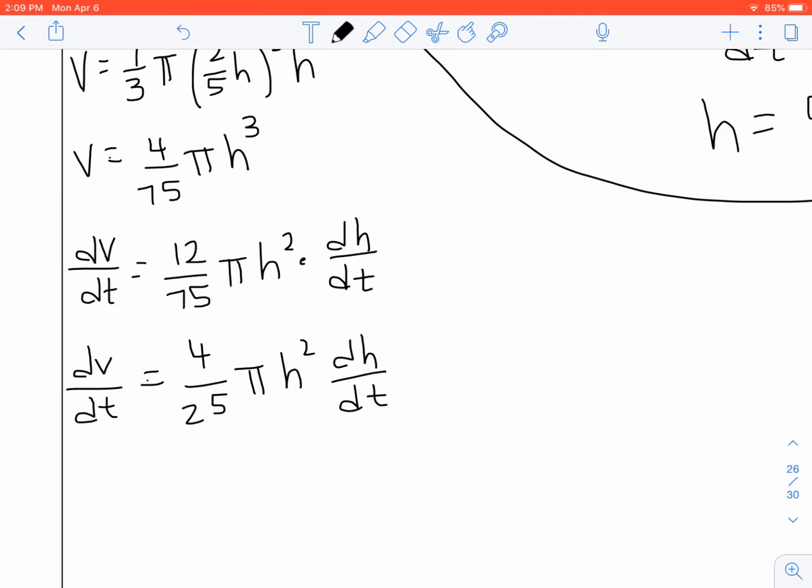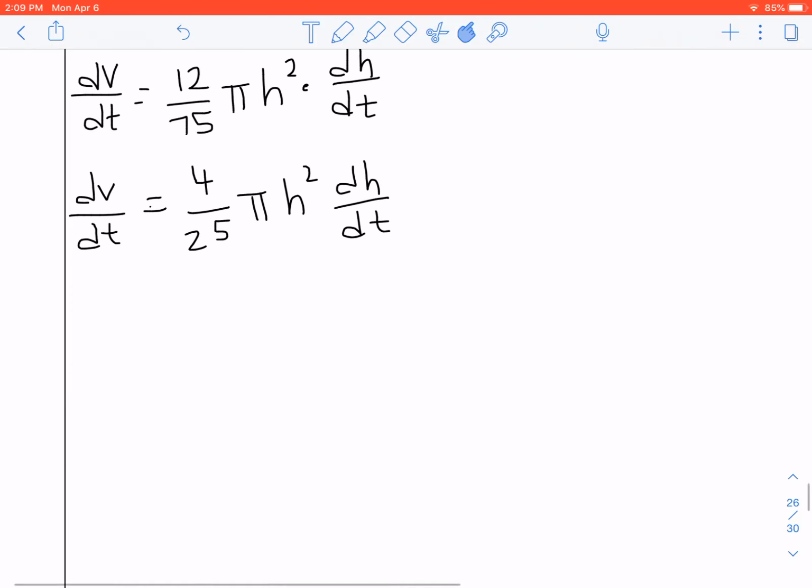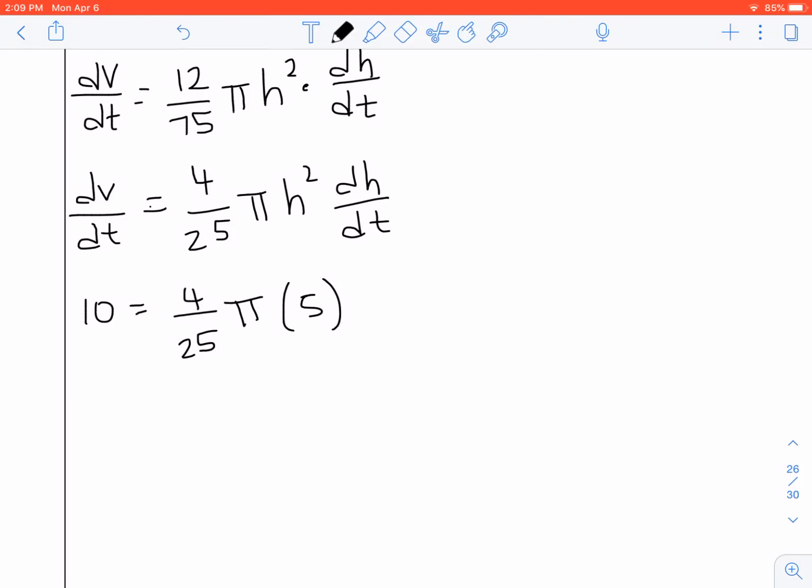We had already written down that dV/dt is equal to 10. Again, I'm going to leave those units off for right now. 4/25 pi h, our height was at 5 feet, so substitute in 5, and we are looking for dH/dt.